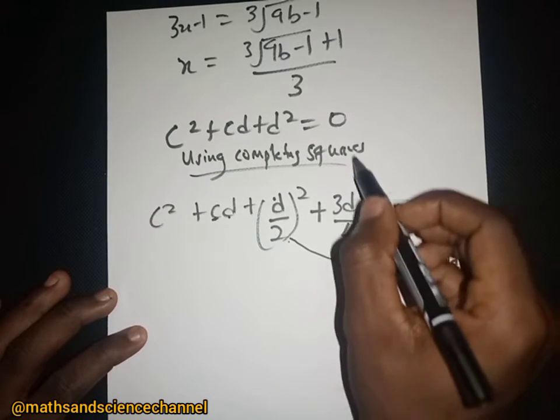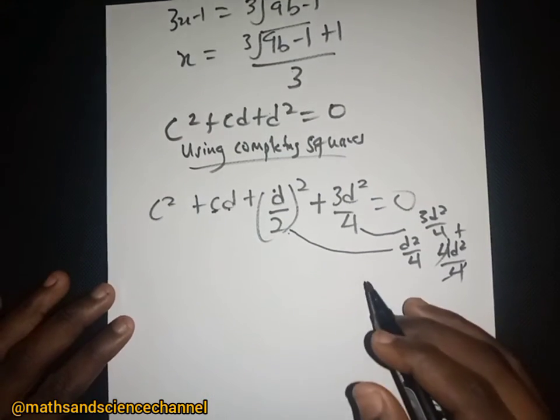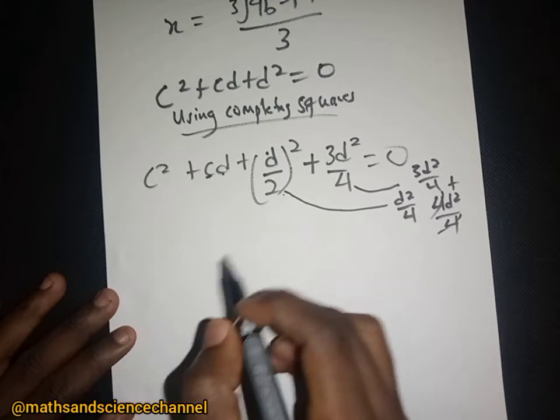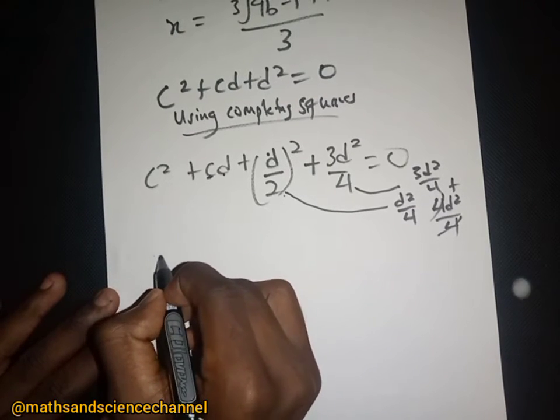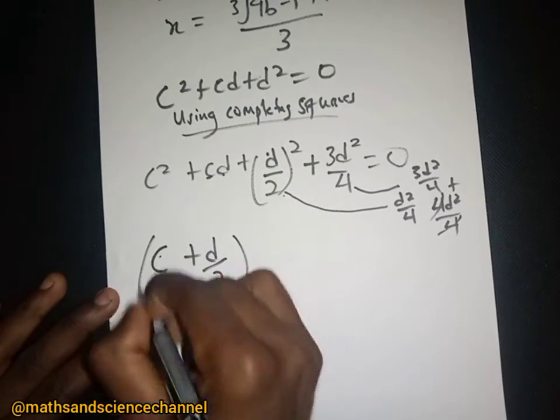It will cancel out, and we still have our d, right? So we can put it this way. From here we have just c plus d being divided by 2, then all squared.